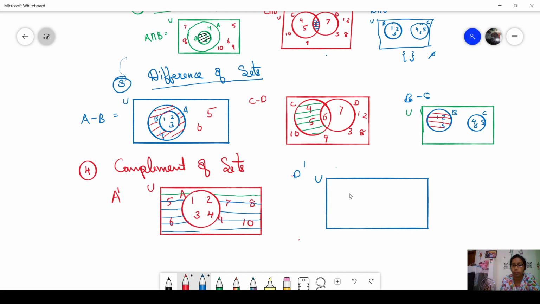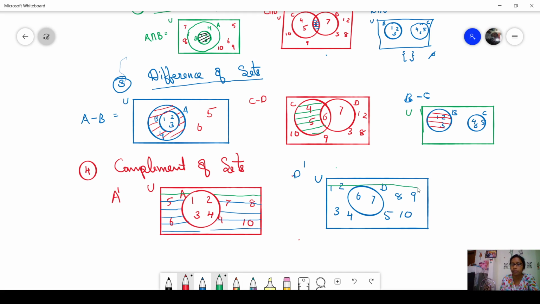This is U. We are drawing one circle, that is D. The elements of D are 6 and 7. Now if I want to draw the remaining elements, 1, 2, 3, 4, 5, 8, 9, 10 are the remaining elements. I want to mark D complement, means the elements of U which are not in D.